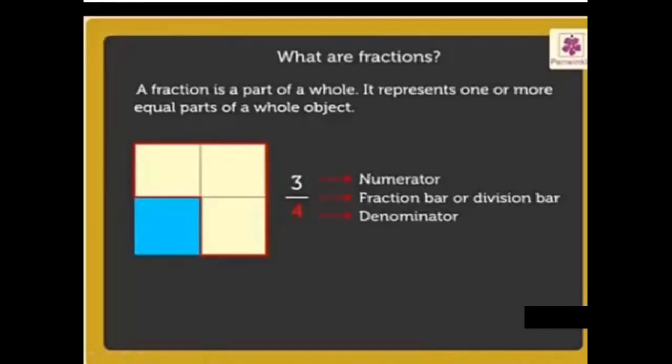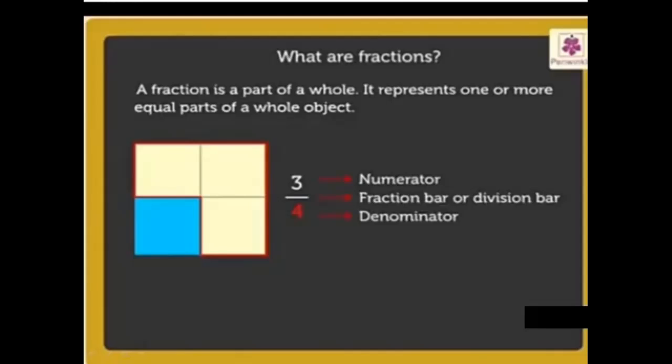The top part is called the numerator and the bottom part is called the denominator. They are separated with the help of a line, which is called a fraction bar or division bar.